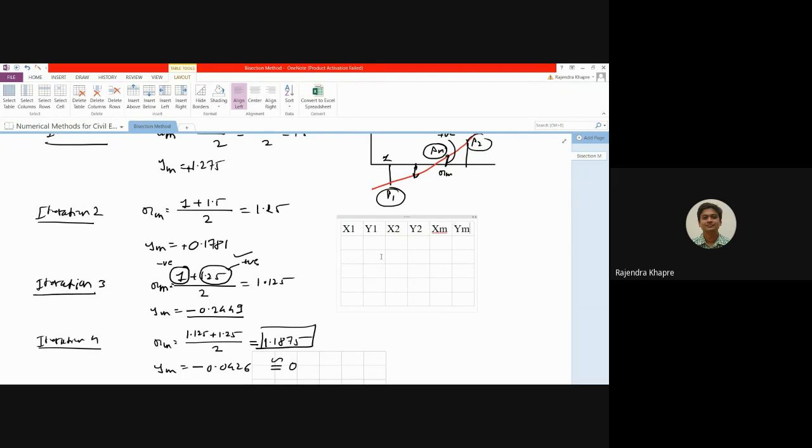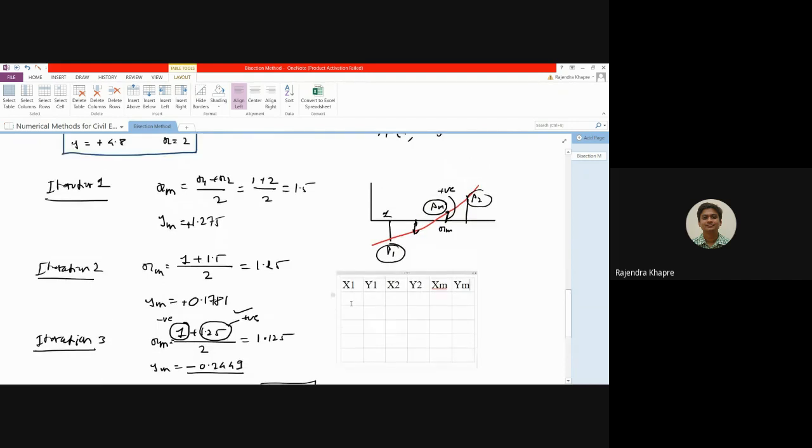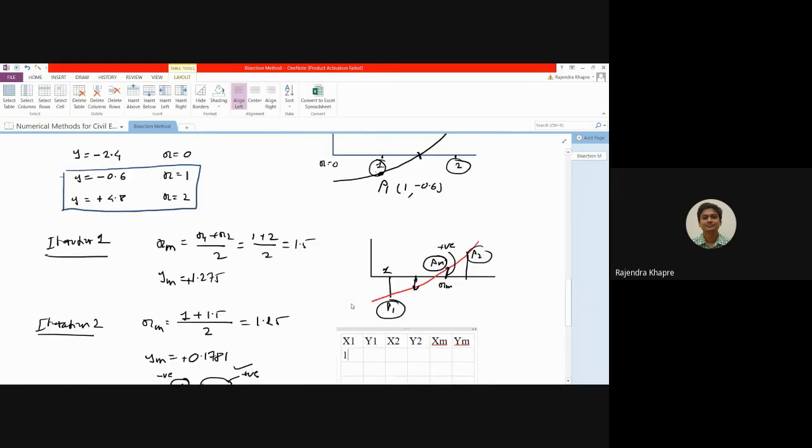Now if you go back, we started with x value as 1 and the corresponding value of y, I think it was minus 0.6, right? And the x2 value was 2 and the corresponding value of y was 4.8. I'm talking about the one shown with the blue rectangle.